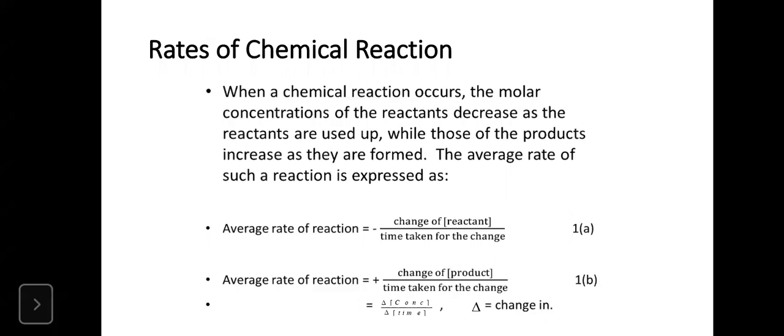The one on your right, using an arrow to indicate from the reactant, is what we call the product. As time goes on, the reactants are decreasing and the product is being formed. So the concentration of the reactant will be reducing, and that of the product will be increasing.